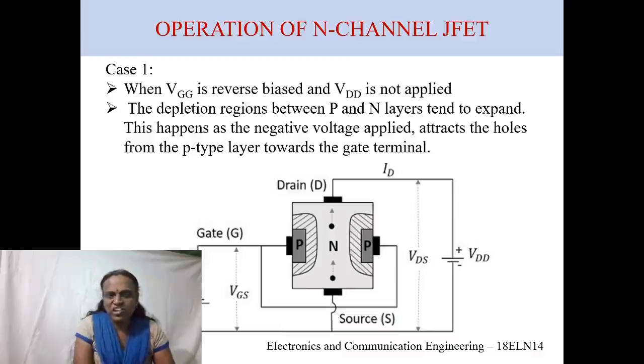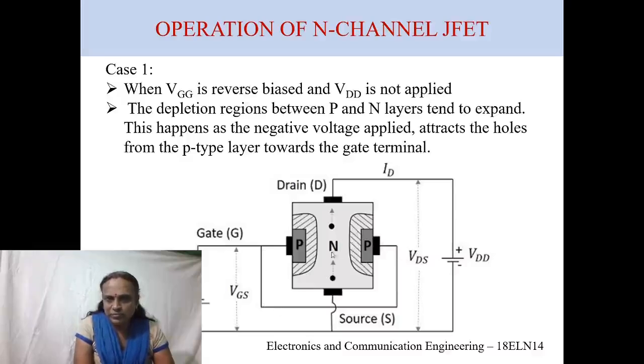If the gate potential is at a lower end, then some negative voltage, say 3 volts, is applied. If that happens, then the P type layer around the gate terminals, you can see here, the P type around the gate terminals, here and here, these gate terminals are connected together.